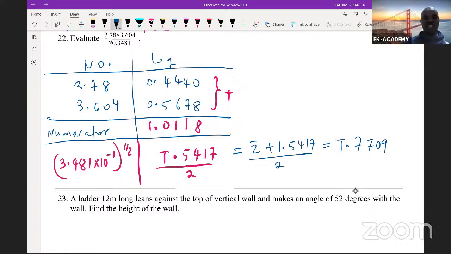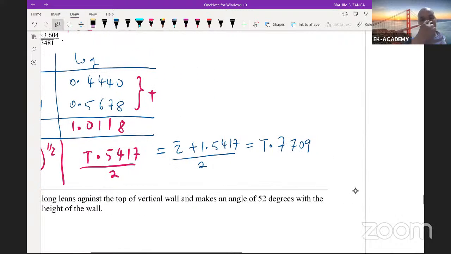Now, this is the denominator. We are going to combine the denominator and numerator. How are we going to combine?